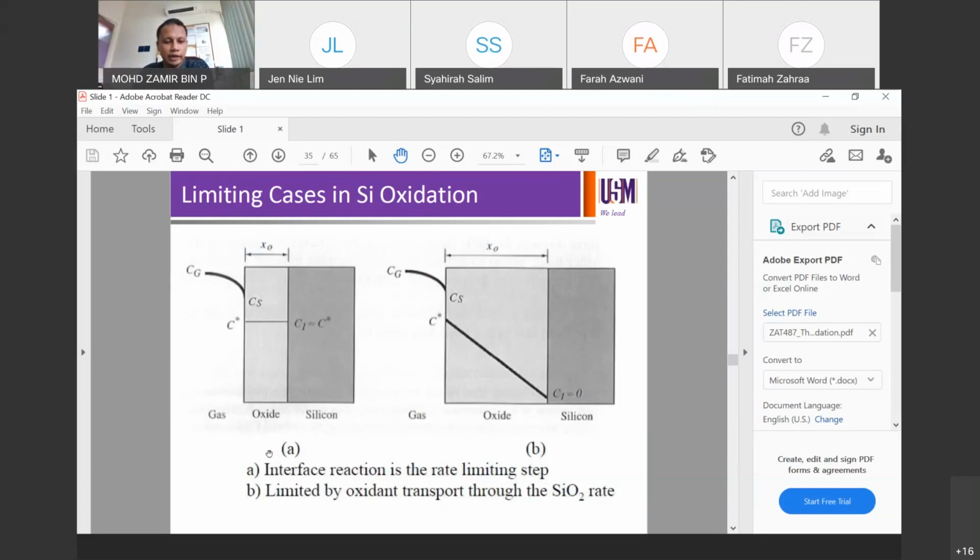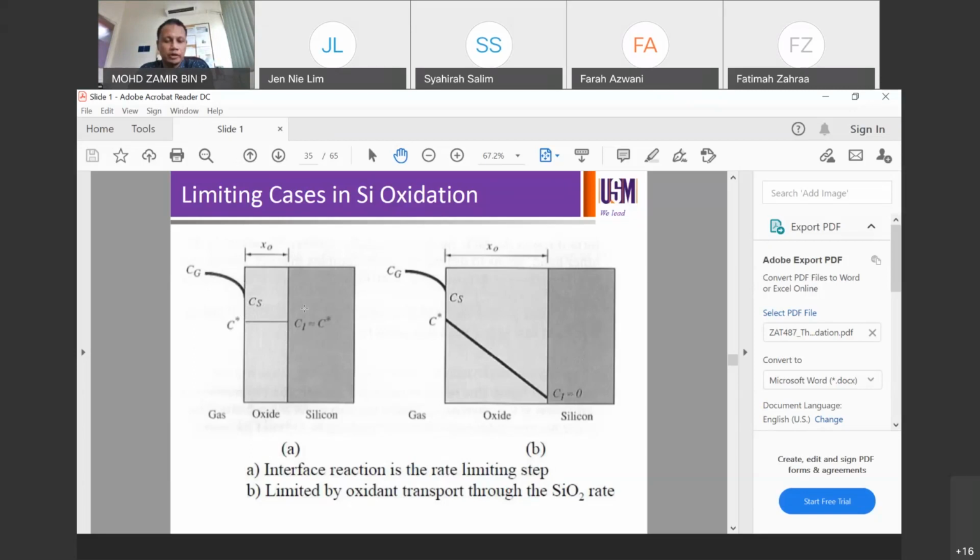So for the left one, the interface reaction is the rate limiting step, where the number of atoms is the defining factor to determine the growth rate of the oxide. The C there is the same, C_G, and you can see C slightly different, but the meaning is the same. So you can use a different C if you like, as long as they make sense. They just have to be explained well.